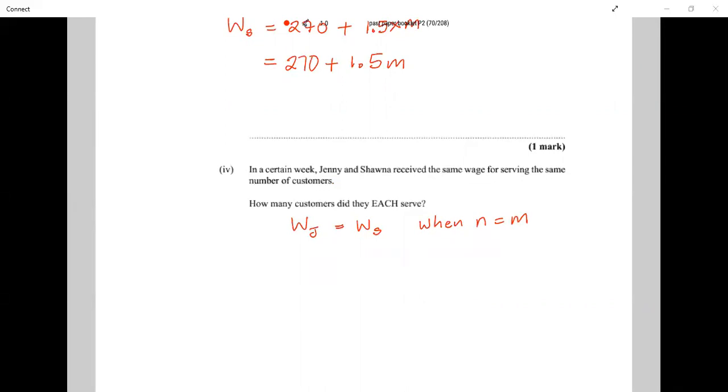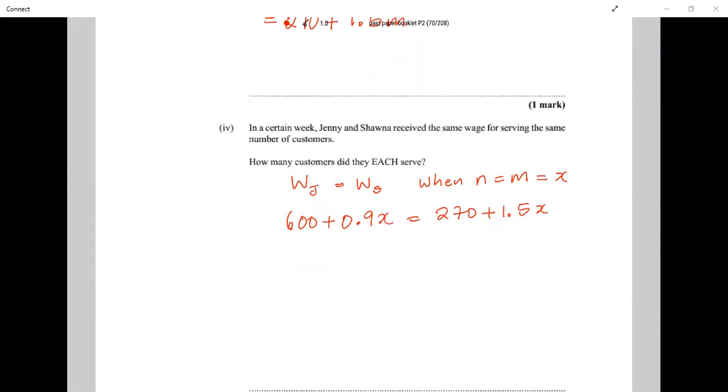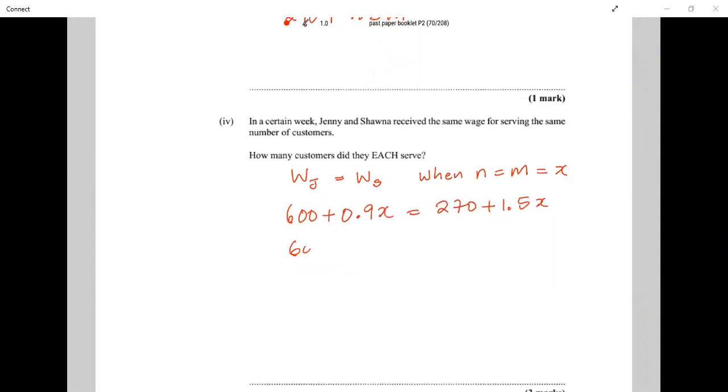So WJ and WS are going to be equal, and M and N are going to be equal. So 600 plus 0.9X, where I'm going to let this equal X, would be equal to 270 plus 1.5X. So X is the number of customers. So we're going to have 600 minus 270 is equal to 1.5X minus 0.9X.